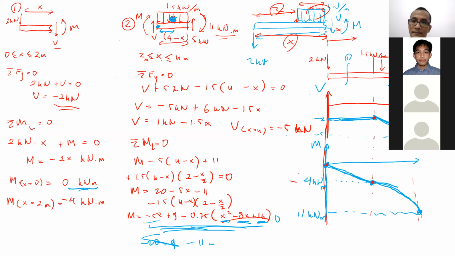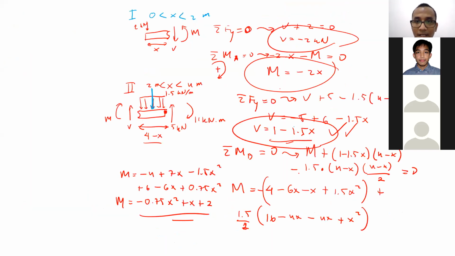Then after that, we will use this equation. The moment at x equal to 2 is supposed to be 4 plus 4 minus 3 minus 3 plus 2 plus 2, 1.